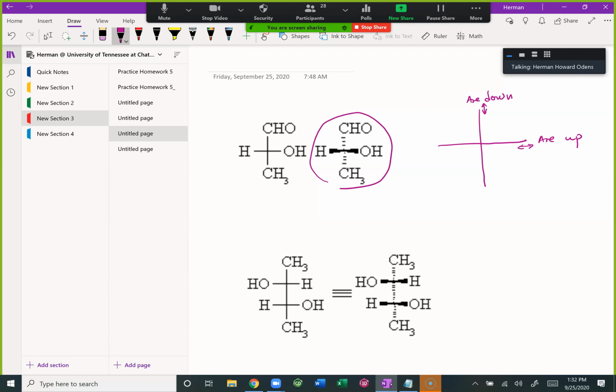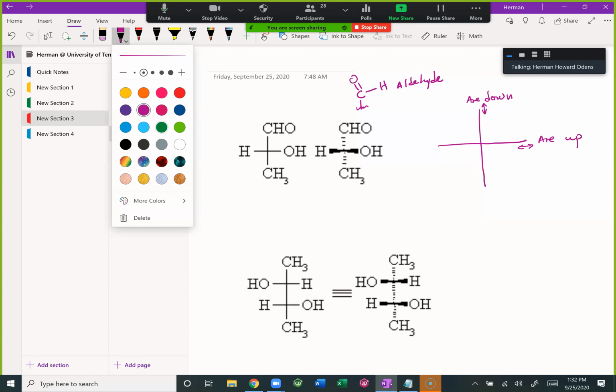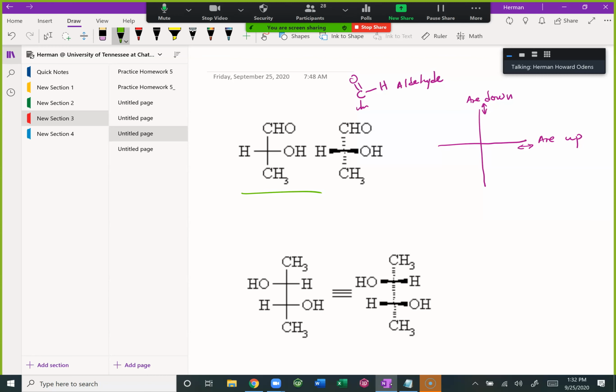So what is this group? CHO. It's a carbonyl with an H group. This is an aldehyde group. If I'm going to assign the priorities here based on atomic number, the oxygen is number 1, takes the number 1 spot. Between these two carbons, which one takes the second priority?